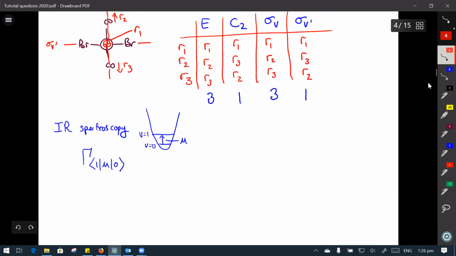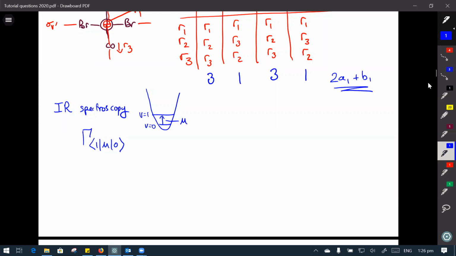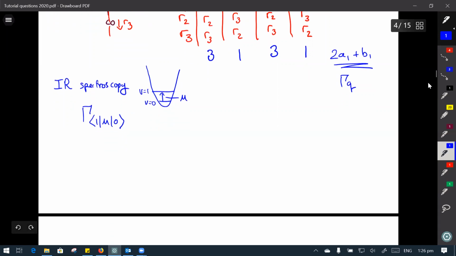So what this information has told us, just to remind you, we had 2A1 plus B1. That's what we got for these. So what does that tell you? Well, that tells you about the symmetry of the normal modes, right? The Q's tell you the symmetry of the normal modes. How are they related to these wave functions? Well, the symmetry of 0 is equal to the symmetry of Q times the symmetry of Q, and the reason for that is that the 0th wave function is proportional to e to the minus q squared.